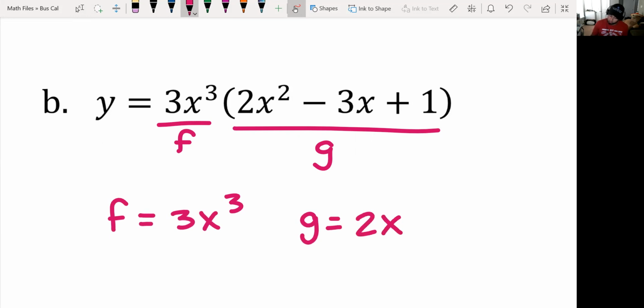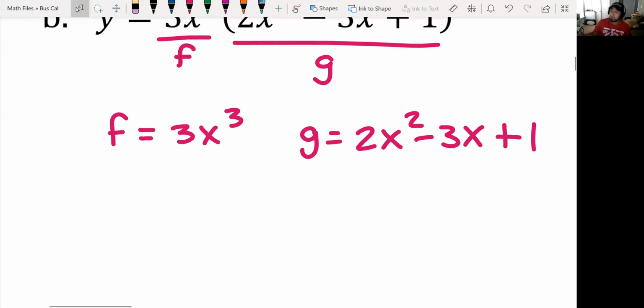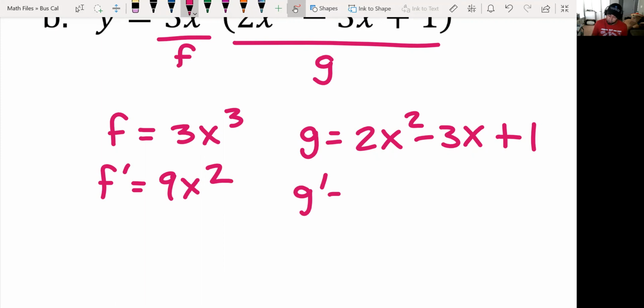G equals 2x squared minus 3x plus 1. Take the derivative of F, take the derivative of G. F prime is 9x squared. G prime is 4x minus 3. Okay, and then just follow your product rule.